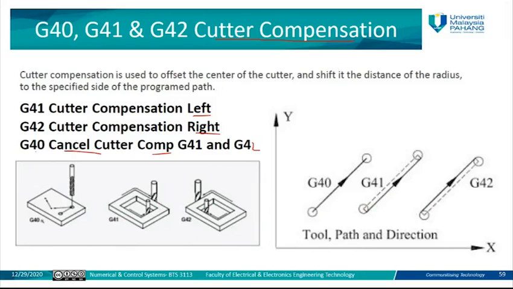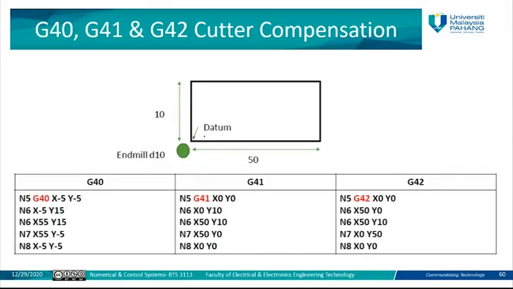As you can see here, also the same. Is it from outside or from inside? In both for G41 or for G42, this is on the right, this is on the left, and here there is no consideration. As you can see from this example here, this is the cutter, and this cutter with a diameter of 10, for example, I mean for the end milling D10, and the position here for this point is the 0 point.